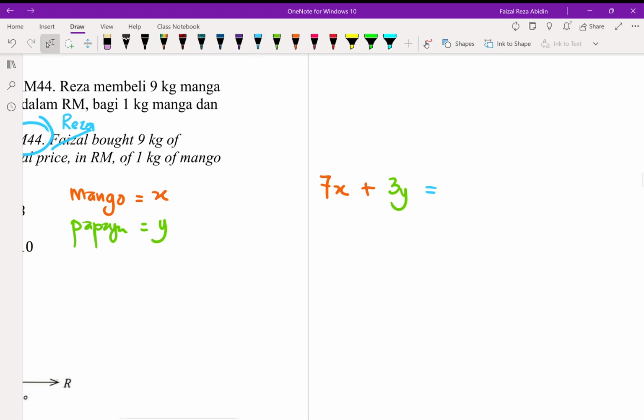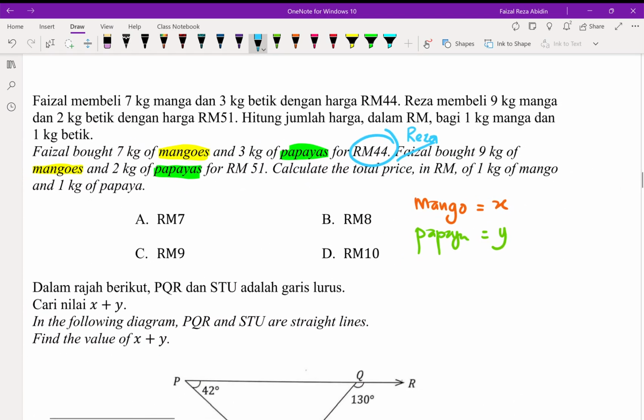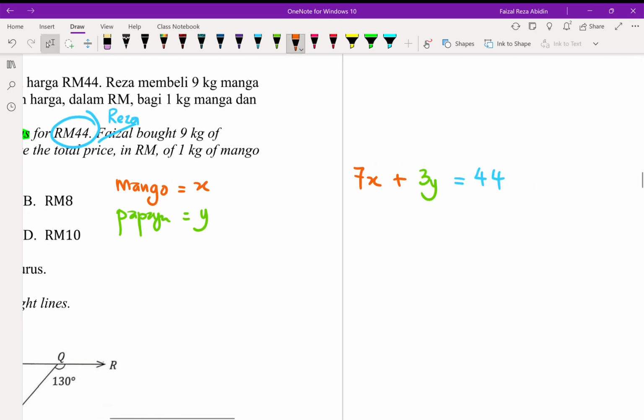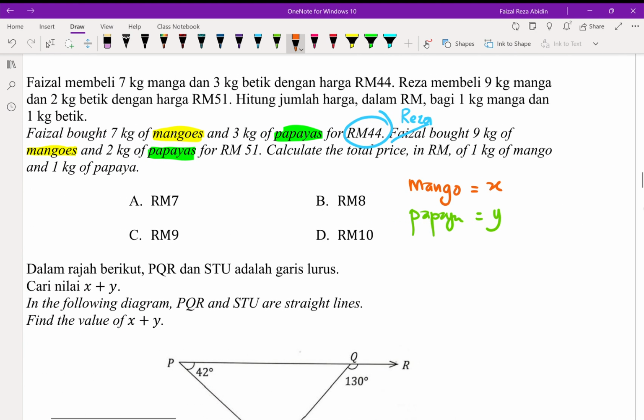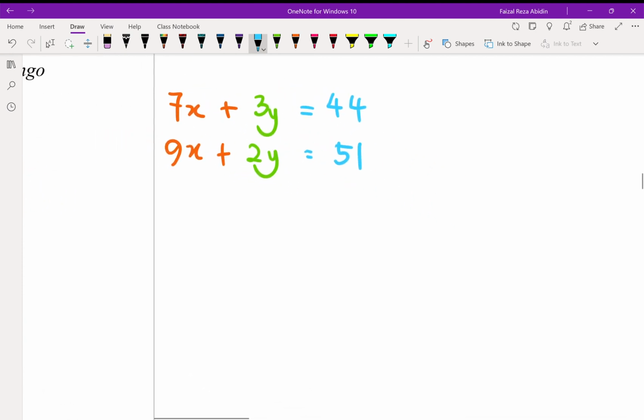So you get 7x plus 3y equals 44. That's the first step. Second step, you look at Reza. Reza bought 9 kilogram of mango, so we write 9x plus 2 kilogram of papaya, 2y. How much money did Reza pay? 51.